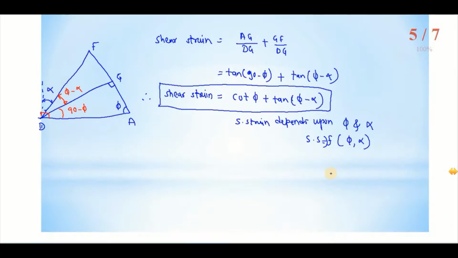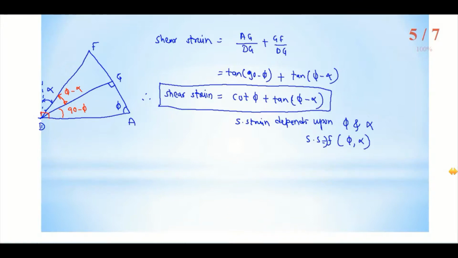So for the given tool, if we consider that alpha is a constant based on the tool designation, the shear strain depends upon the shear plane angle.